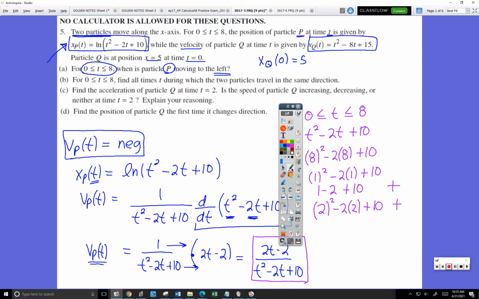I've got this expression here for t, and I've got this other expression, t squared minus 2t plus 10. So I know that when time is 0, I get 10 here. When time was 1, I got 9. When time was 2, I got 10 again.